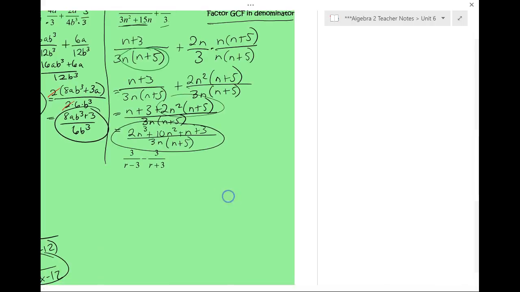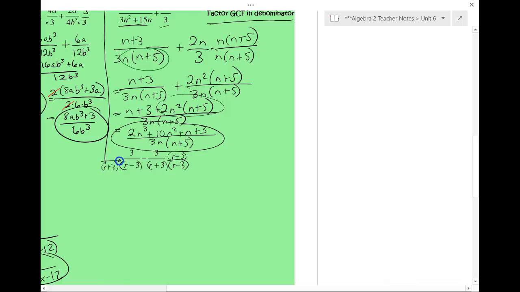Now this last one. The last one, obviously the denominators are different, and so when you have a binomial on the left and a binomial on the right, you're going to multiply the binomial on the right times the binomial on the left. So I'm going to multiply this one times r minus 3 and r minus 3. And then I'm going to multiply this one times the binomial on the right.